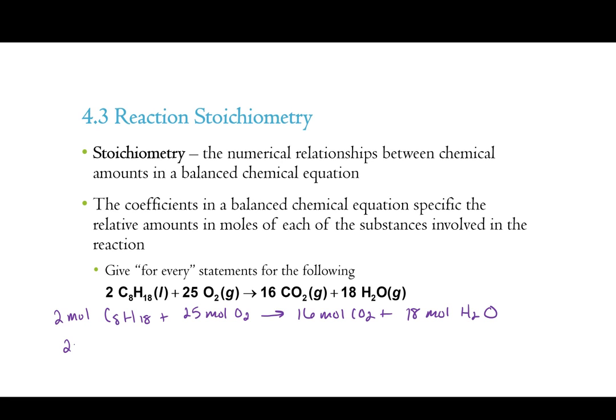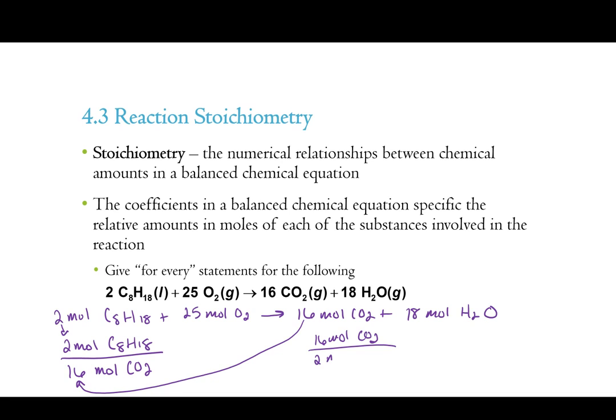So for every 2 moles of propane that I use, I'm going to produce 16 moles of carbon dioxide. And that 2 is coming from the balanced equation, and the 16 is coming from the balanced equation. You could have the inverse of that. If I make 16 moles of carbon dioxide, it requires 2 moles of propane.